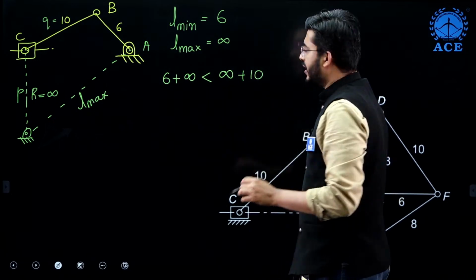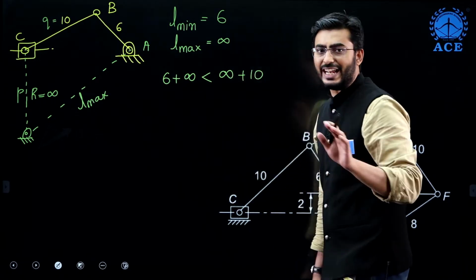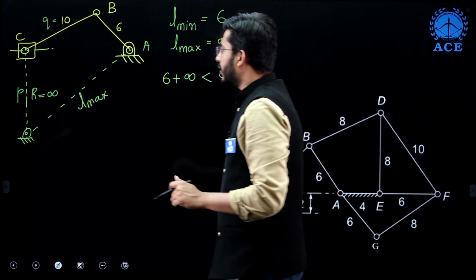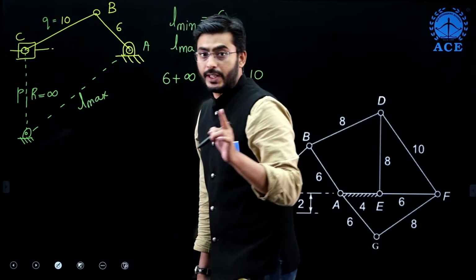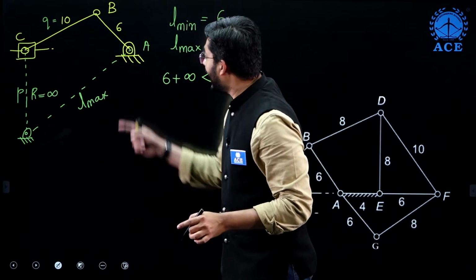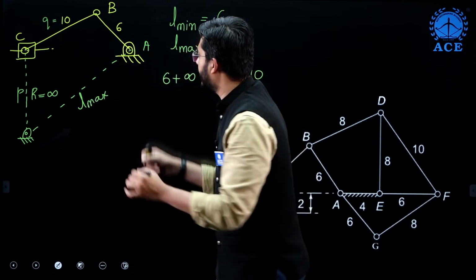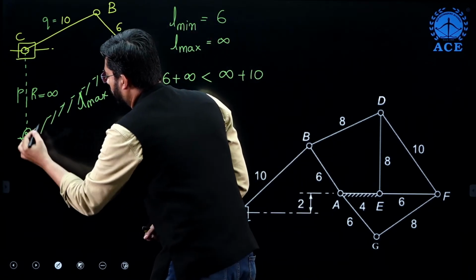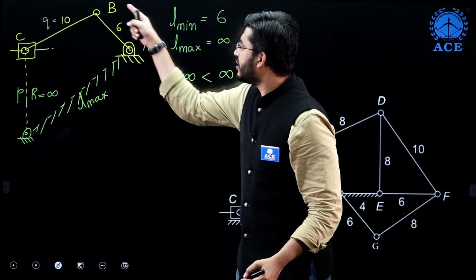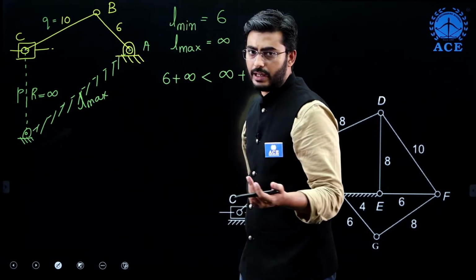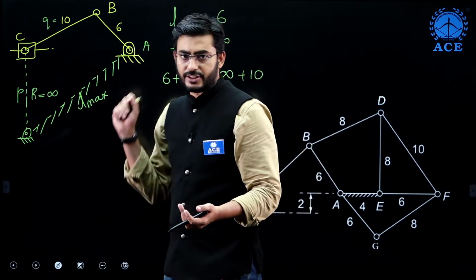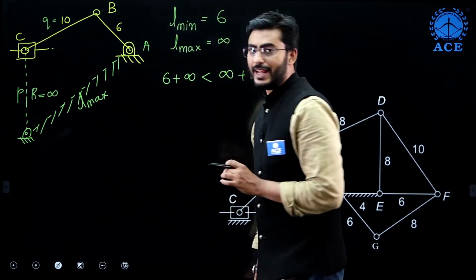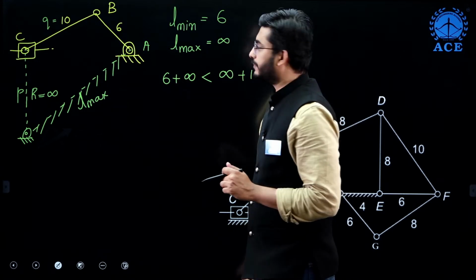All right, so here this is going to satisfy the Grashof's law, and now you are fixing the link adjacent to L minimum. This is the fixed link, adjacent to the 6 units link, that is the link adjacent to L minimum. We are getting here a crank rocker mechanism.